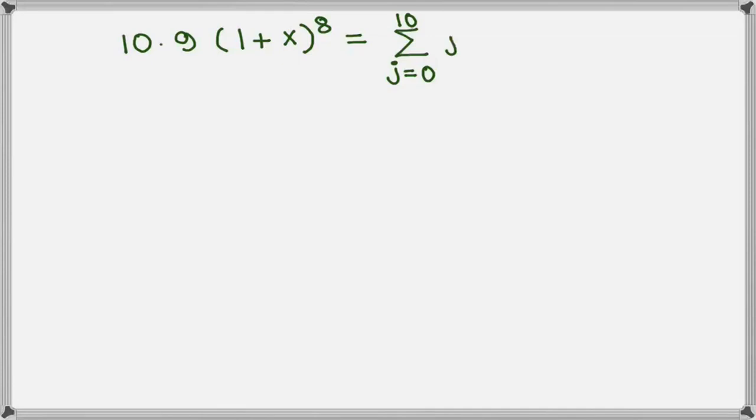We get 10 into 9 into (1 plus x) to the power 8 is equal to the sum from j equals 0 up to 10 of j into (j minus 1) into 10Cj into x to the power j minus 2.